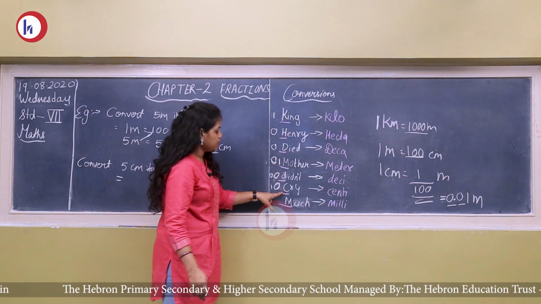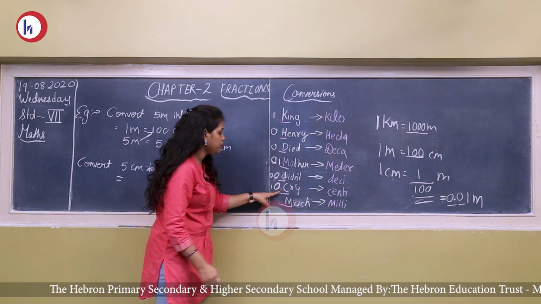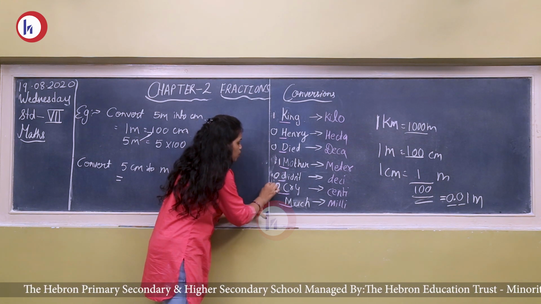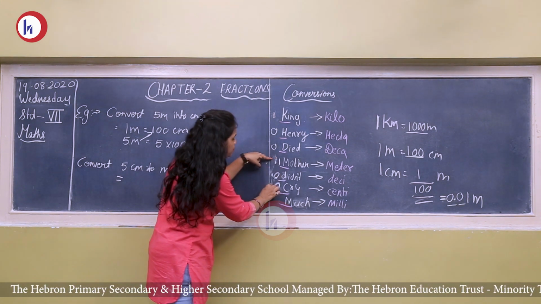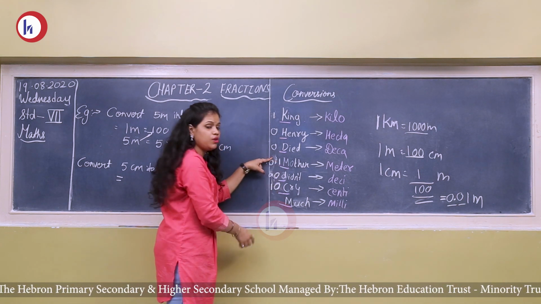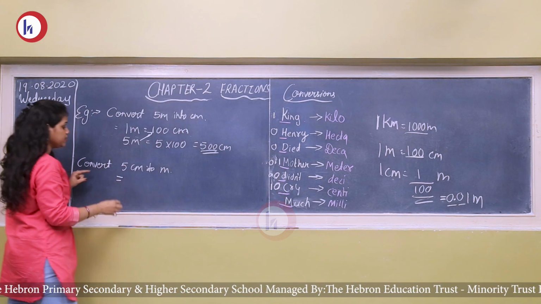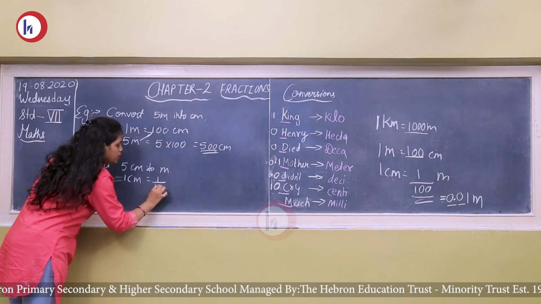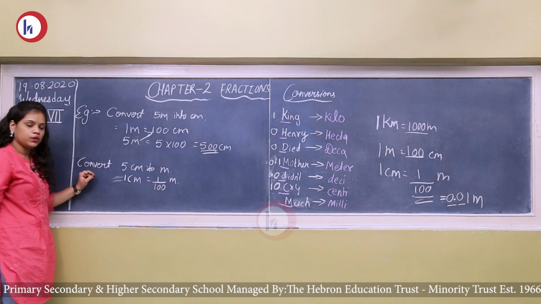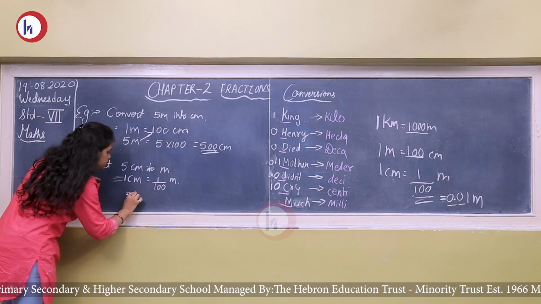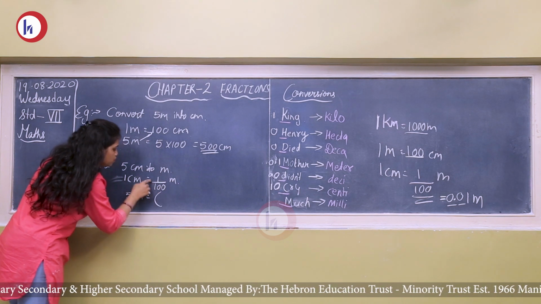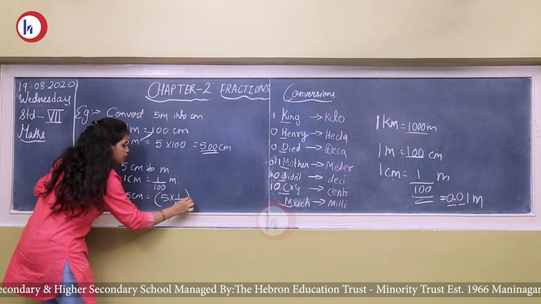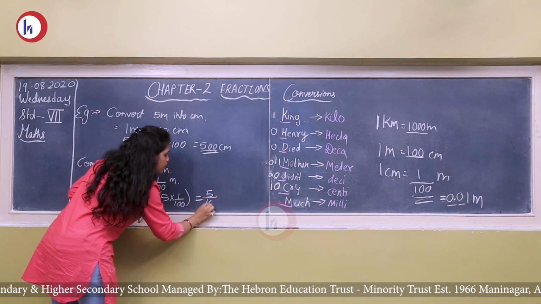So 1 centimeter, centi यहाँ पर है. So for reverse if you go, 1 centimeter is equals to here 1 and you have to find meter. So 0 and 0. When you are going in reverse, you have to write it as upon. So 1 centimeter is equals to 1 upon 100 meter. Okay. So 5 centimeter is equals to cross multiplication 5 into 1 upon 100, that will give you 5 upon 100.